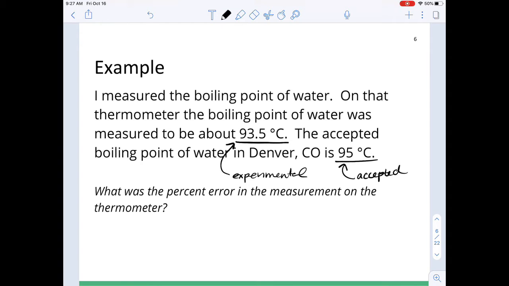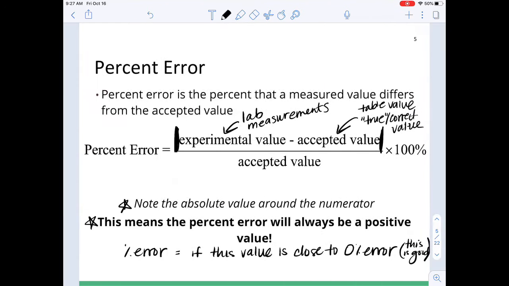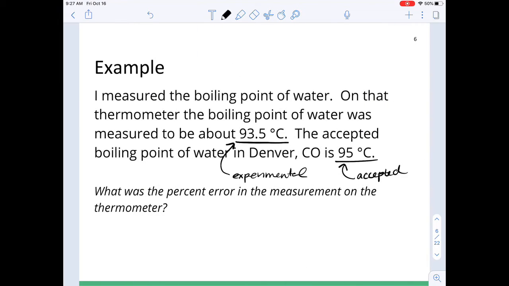All right, so now we want to calculate the percent error. So I'm just going to go ahead and plug these numbers into the previous equation. Experimental minus accepted over accepted times 100. So I'm going to write that here so I don't forget it. Equals experimental minus accepted over accepted times 100.